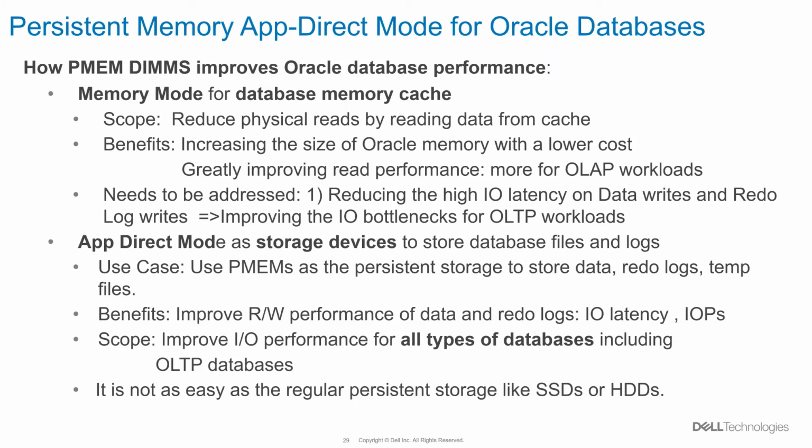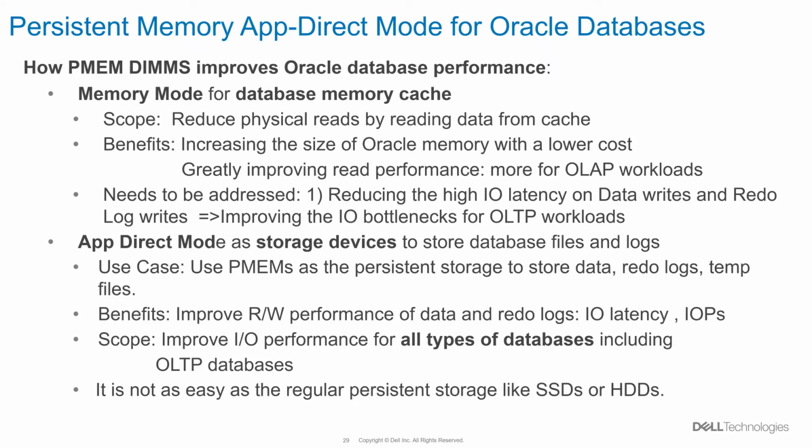That's why we need to think about another solution: how we can speed up the storage and make the I/O much faster. Memory mode tries to avoid I/O for reads, but ultimately you still have to deal with write I/O. So app-direct mode aims to solve this problem by allowing databases or other applications to store data in persistent memory.